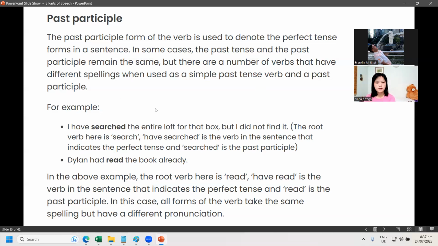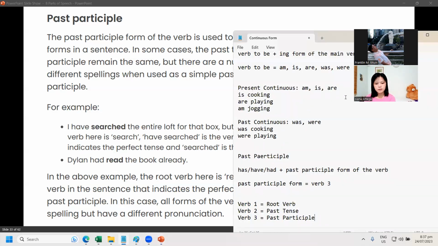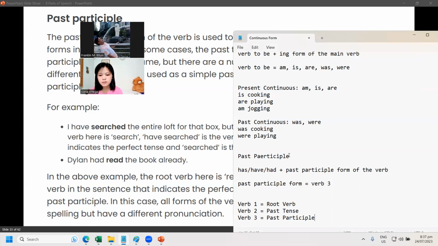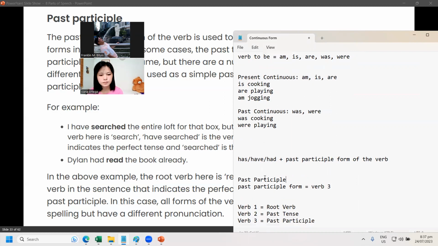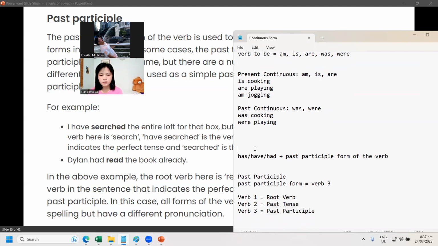So here, this one is using the perfect tense. This is the perfect tense, and this is the past participle. This is the perfect tense of the verb.